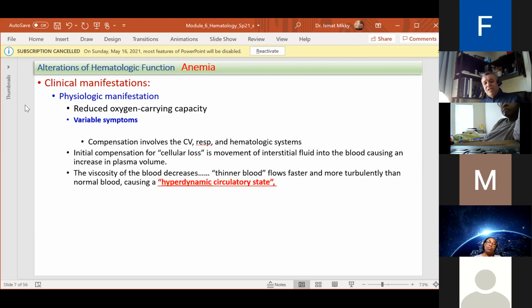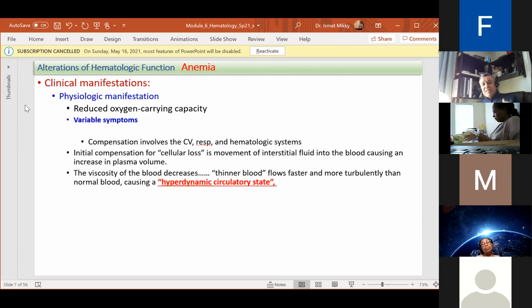So the initial compensation for the cellular loss is the movement of the interstitial fluid into the blood, which will cause an increase in plasma volume. And so the viscosity of the blood would decrease, so blood becomes thin.